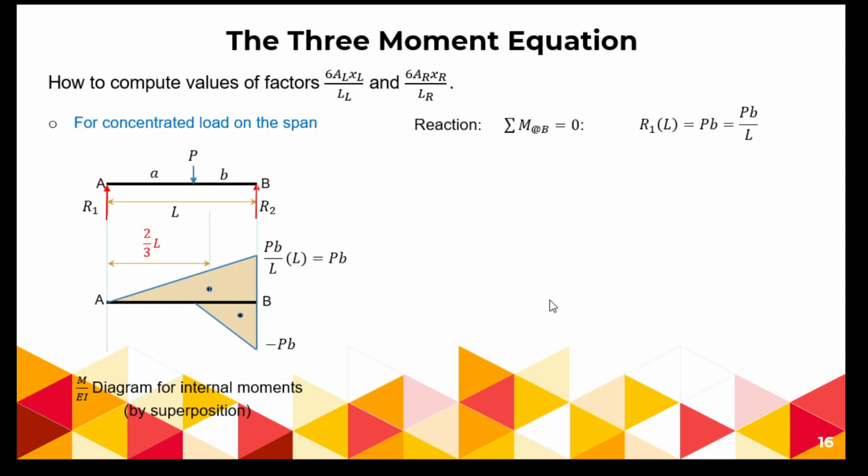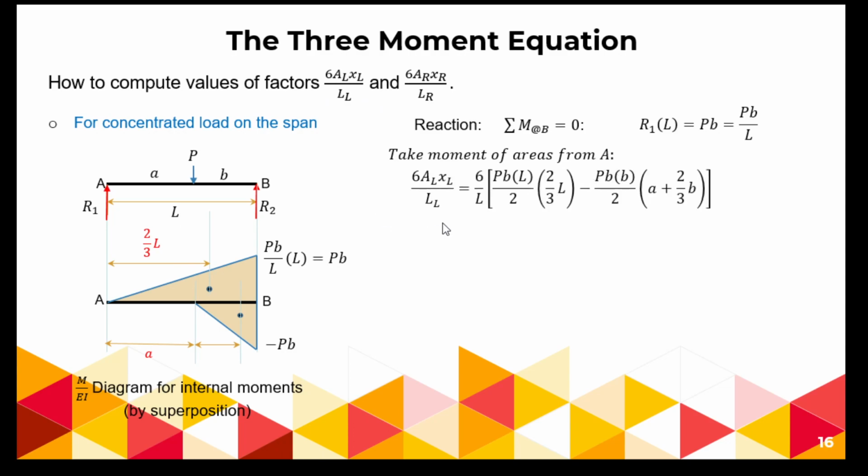Then, compute for the centroid. Once ma-compute nyo ng centroid, take moment of areas from A. Okay, if you're computing for the left factor, moment area from A, we have these values.